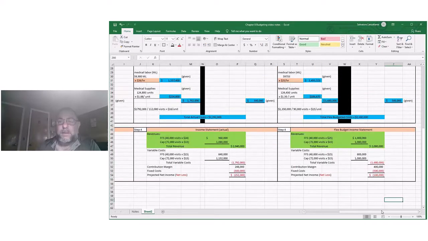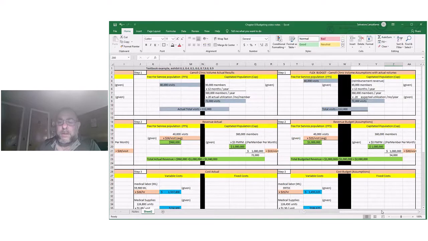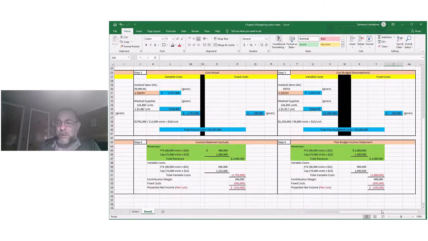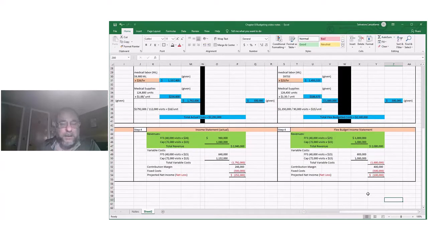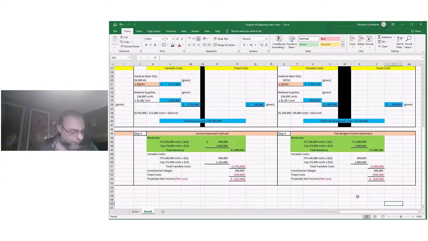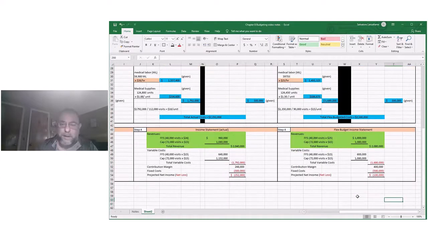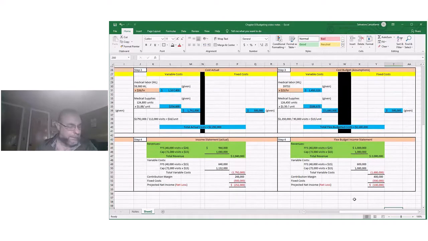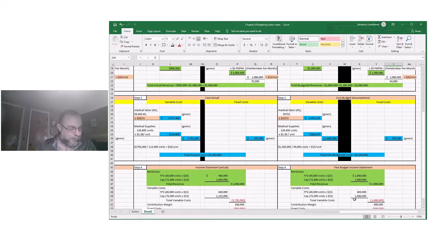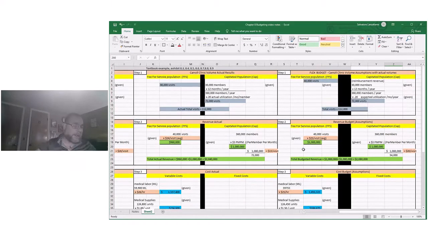So there's a lot of stuff there. I'm not sure if I simplified what they showed in the book or not, maybe a little bit. It's just kind of weird the way they had it set up. But let's go through and do some of the variances here. Okay. So it might be in our best interest to simplify all of this.